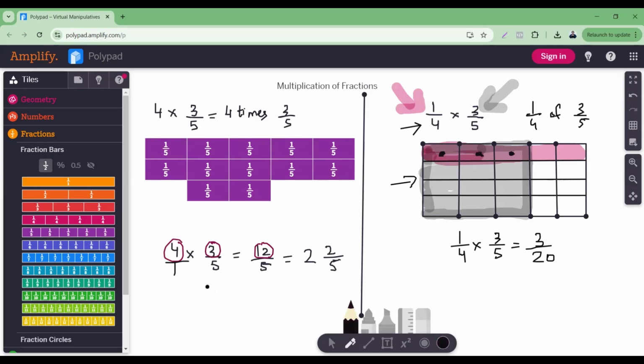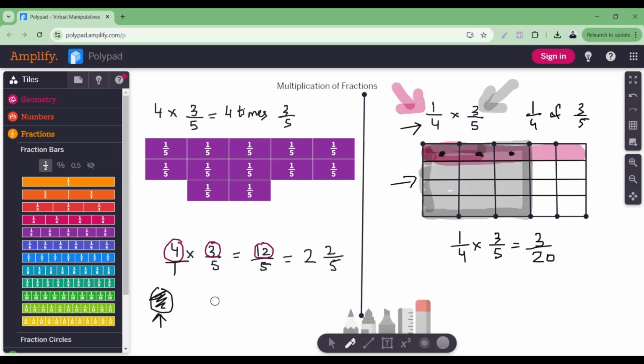Means 4 wholes. 4 wholes can also be written as 4 by 1. Means 1, 1, 1, 1. Means in one whole, I am going to select the entire whole. Again in one whole, I'm going to select one entire whole. This is what 4 by 1 is, right?